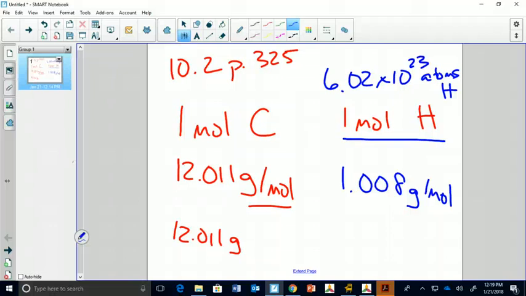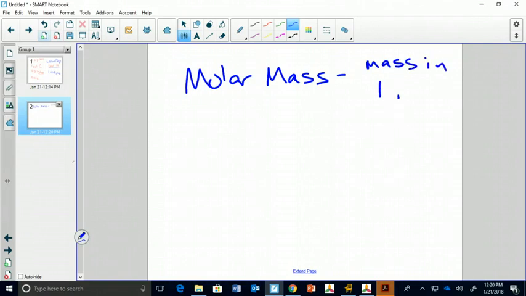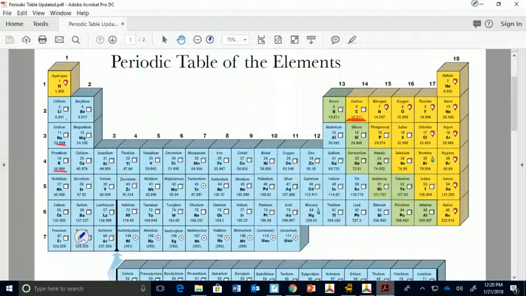And so we can use this, what we call now molar mass. The molar mass is simply the mass in 1 mole of a substance. And again, how do we find that? We use the periodic table.